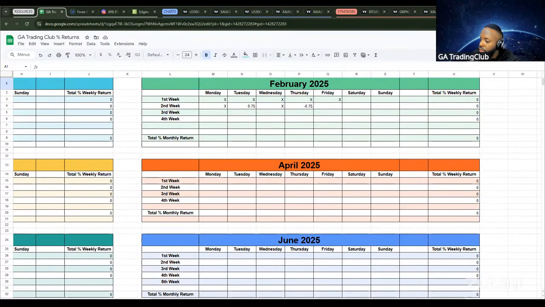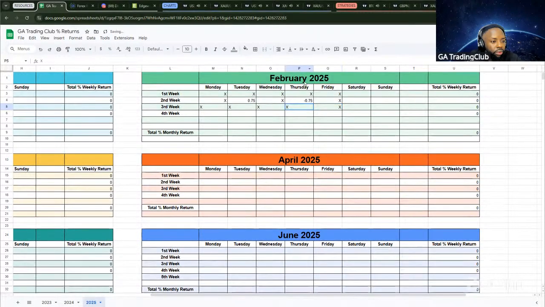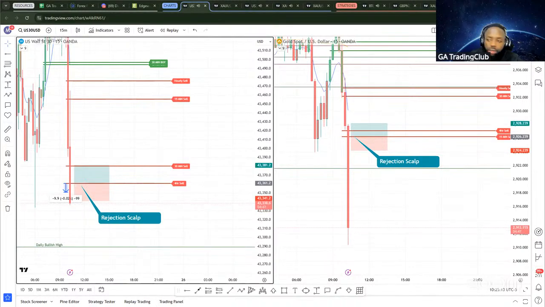1, 2, 3, 4. Right. So we haven't had any trades here. Let's see. Okay, so that's US 30. Let's see how this goes here.